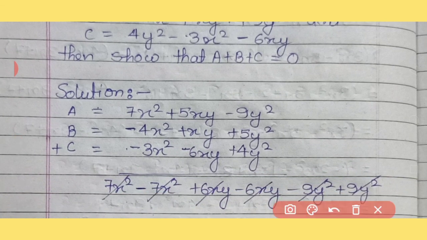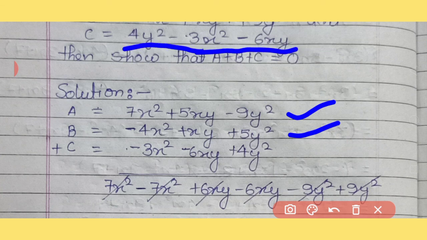In place of a, we will write 7x square plus 5x minus 9y square. In place of b, we will write minus 4x square plus xy plus 5y square. And in the third term, it has been written in a different way, as you can see: 4y square minus 3x square minus 6xy.